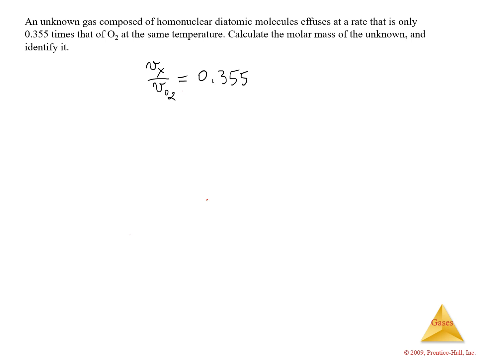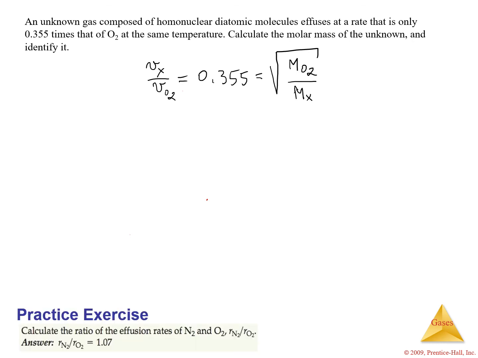But Graham's law tells us that that ratio is also equal to the square root of the molecular mass of oxygen divided by the molecular mass of the compound X. And that, as you can see, allows us to solve for the molecular mass of the compound X.